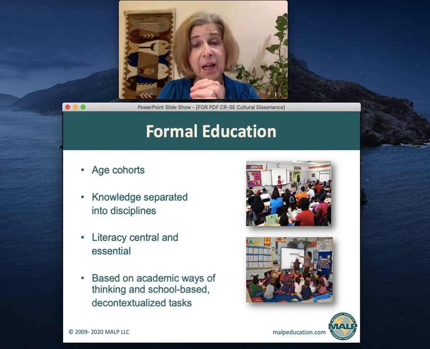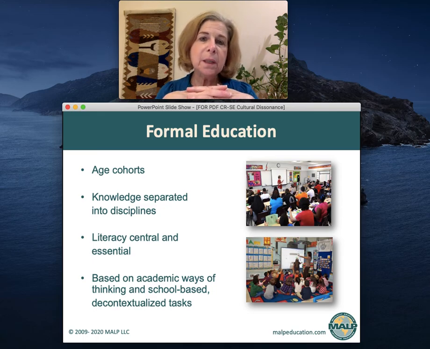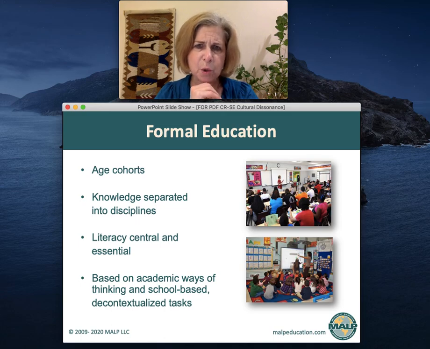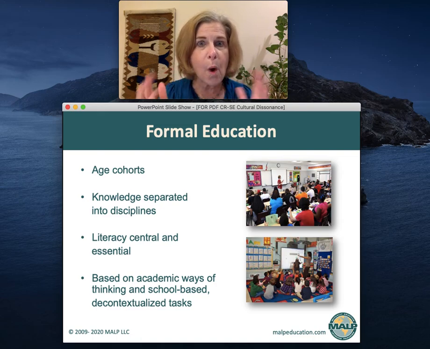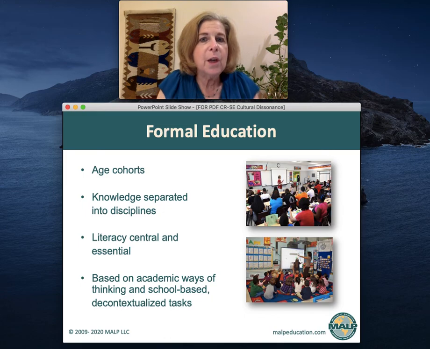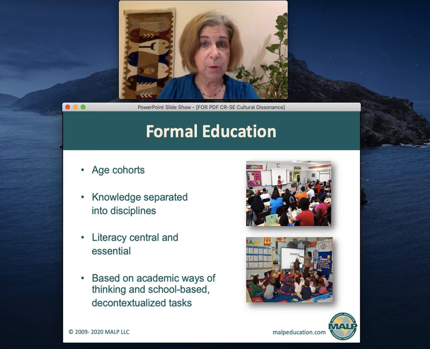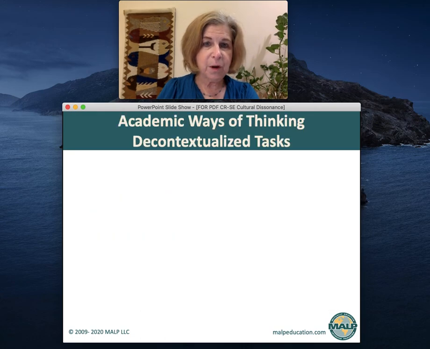And it's based on, and this is important, the last one might be a little new for you, the way I describe, and my co-author with me in our work together, describe the real essence of what makes school school, is that it's based on academic ways of thinking and school-based decontextualized tasks. What do we mean by academic ways of thinking? What do we mean by decontextualized tasks? And we're going to do a lot of work with that. But I'm going to start by giving you some examples.